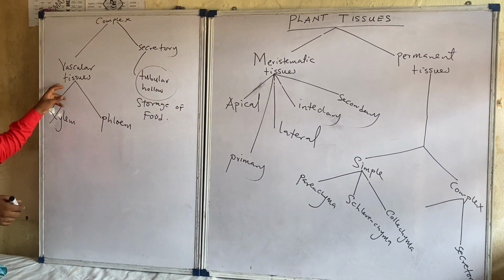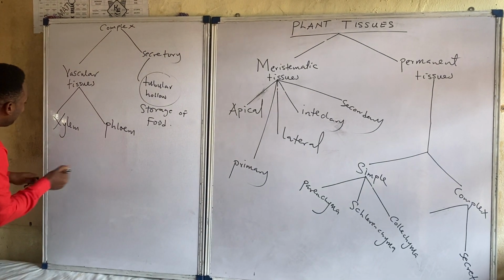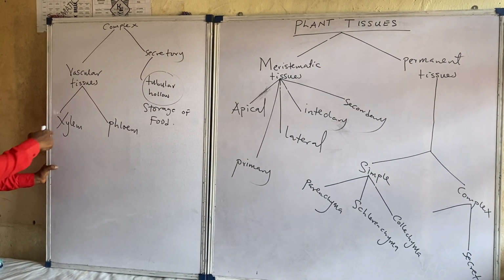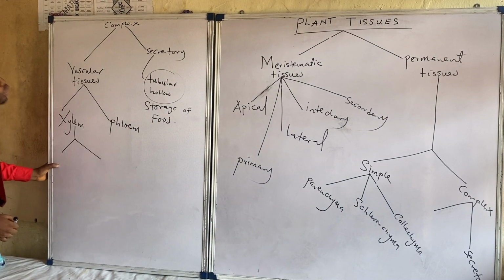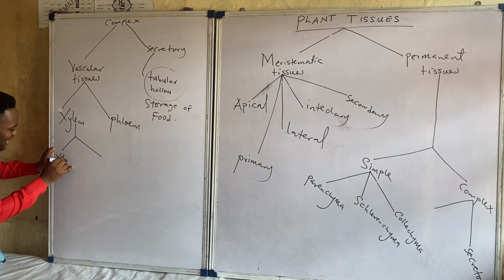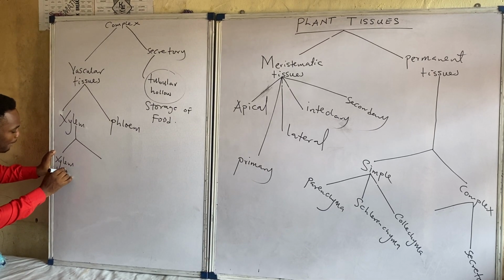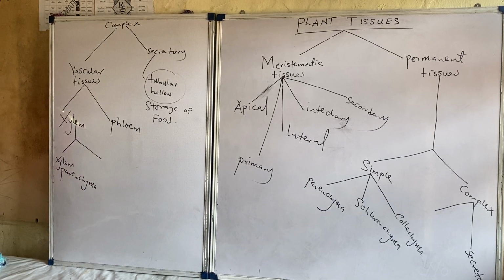Coming to vascular tissues, it is important to state that the xylem is made up of, so I will continue with my flow chart, so many things. We have xylem parenchyma, so I'll write it here. Xylem what? Parenchyma. Xylem parenchyma.